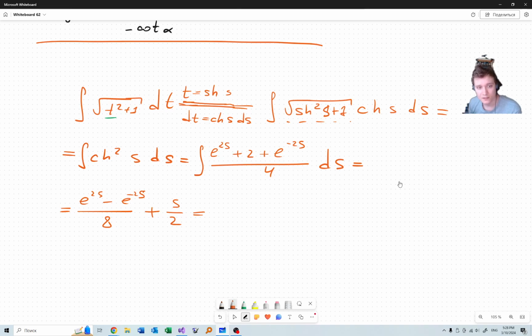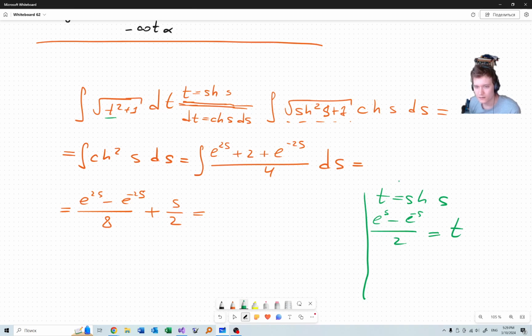But then this is not the end, because we want to express it in terms of t. So let's find t if we know s. So we know that t equals sh s. So we know that e to s minus e to minus s over 2 is t.